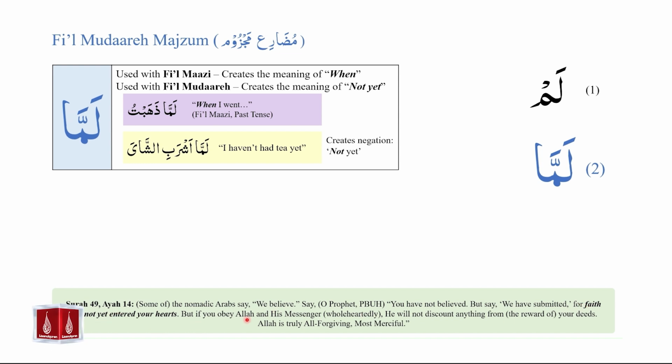But if you obey Allah and His Messenger wholeheartedly, He will not discount anything from the reward of your deeds. Allah is truly all forgiving, most merciful. In this ayah, we see the use of not yet. Faith has not yet entered your hearts.